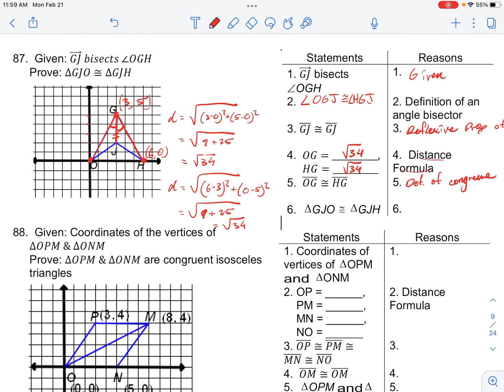And now we can say that we have one pair of corresponding sides that are congruent, another pair of corresponding sides, this shared line GJ, that is congruent, and one shared interior pair of angles that's congruent. So by SAS congruence, we can say that the two triangles are congruent to each other.